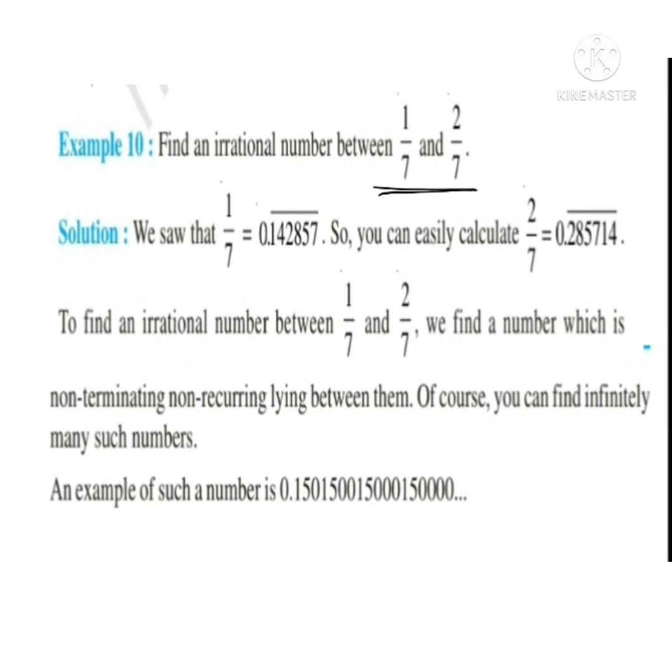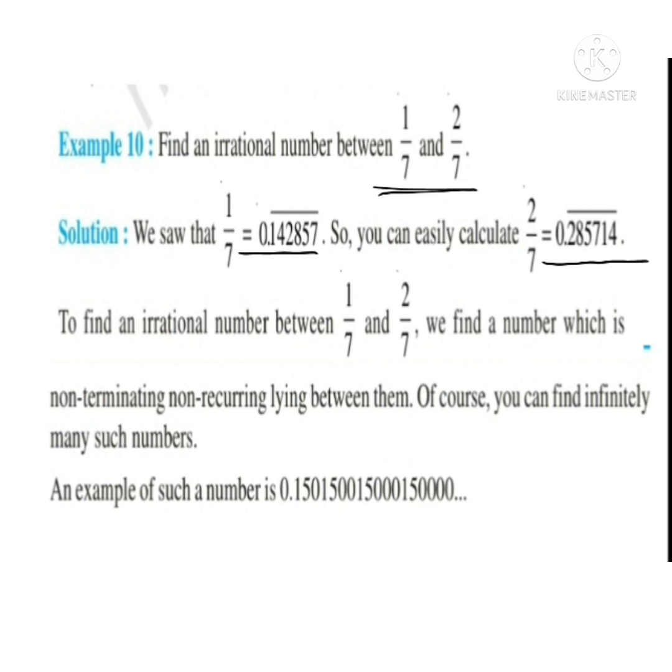First we will convert 1 by 7 into decimal form, and similarly 2 by 7. Now we know the decimal expansion is 0.142857 bar, and 0.285714 bar. Now we have to write any irrational number between these two numbers. So we can easily write infinite numbers here.